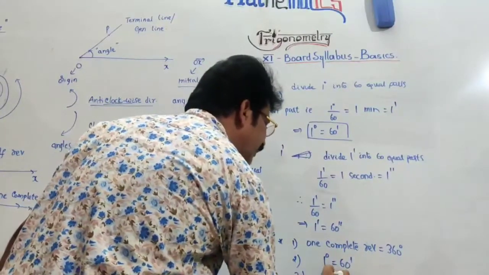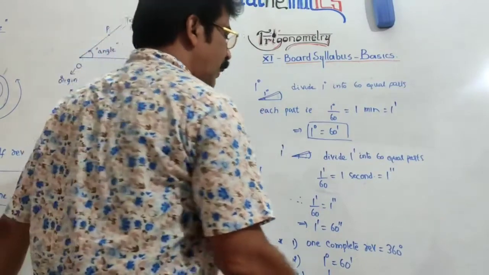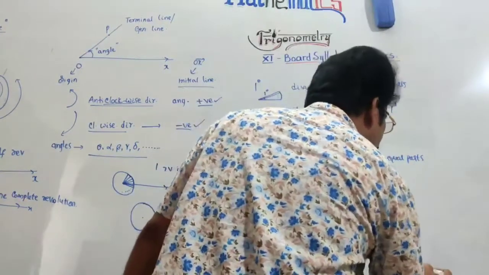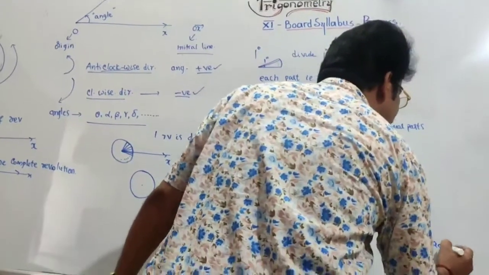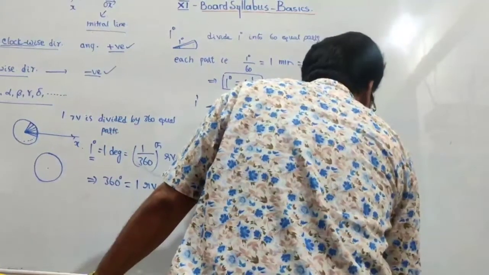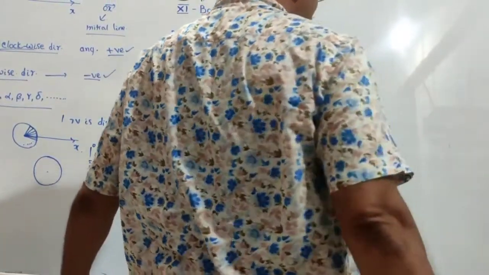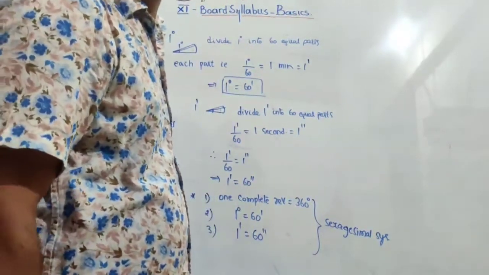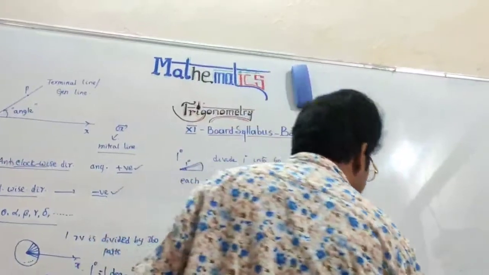Third, 1 minute equals 60 seconds. So this is called the sexagesimal system, or English system.